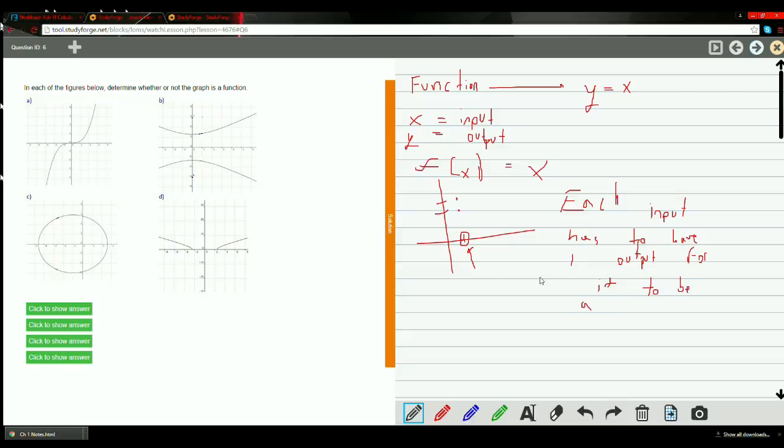So basically, if an input has only one output, it's a function.